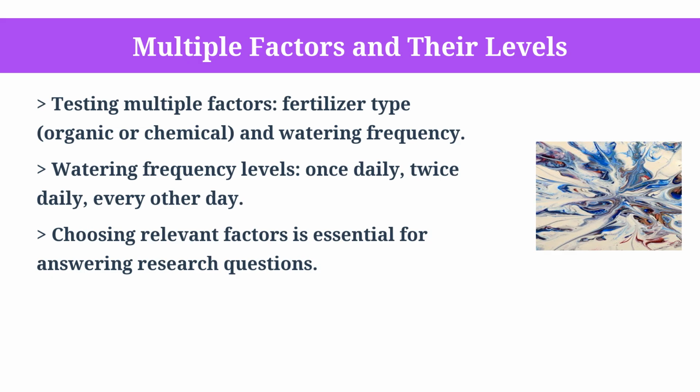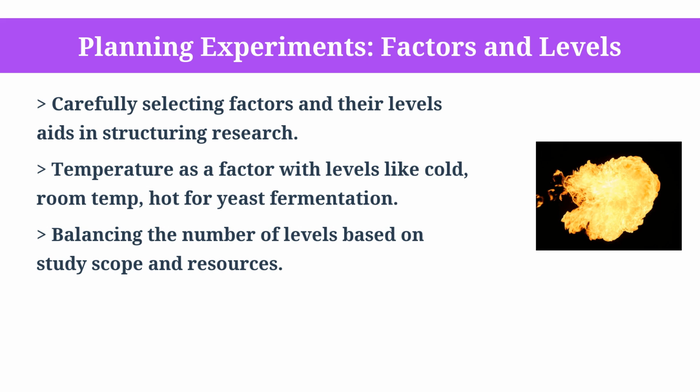For instance, if you're investigating how temperature affects yeast fermentation rate, temperature would be a key factor with levels like cold, room temperature, and hot. Also remember, the number of levels for each factor should depend on the scope of your study and resources available. Too many levels might complicate things or require more time than you have, whereas too few could limit the depth of your analysis.